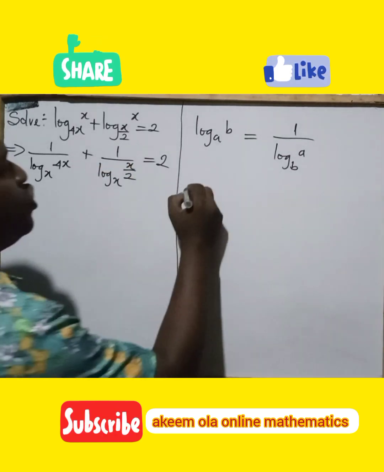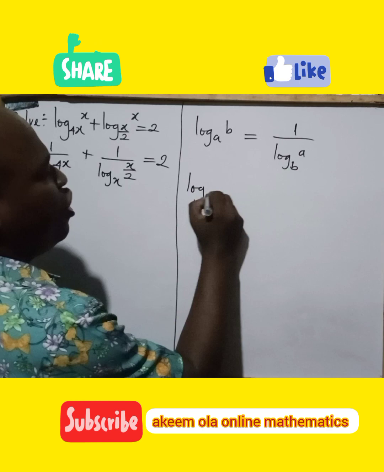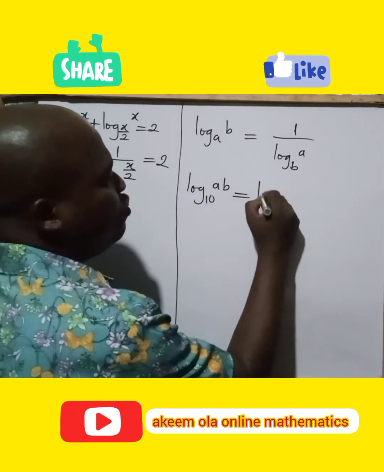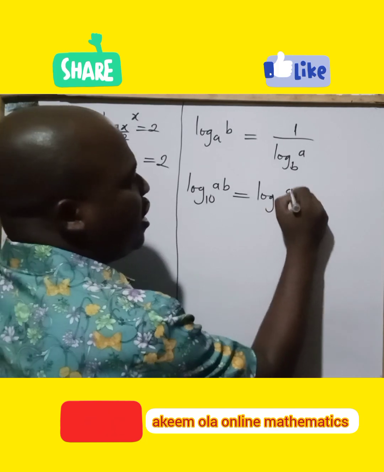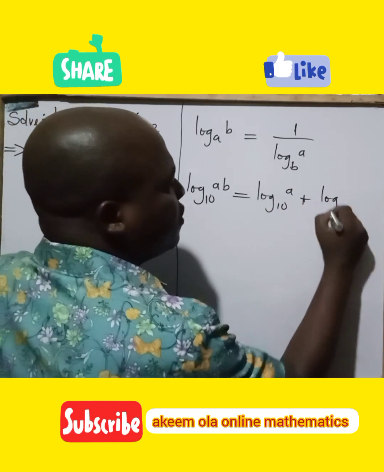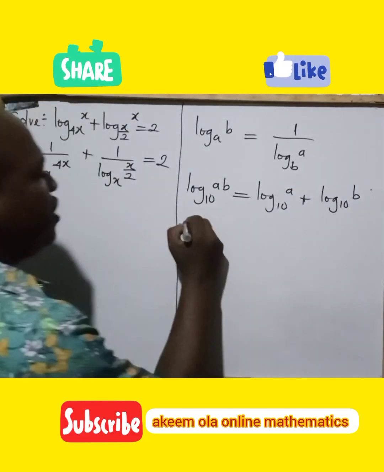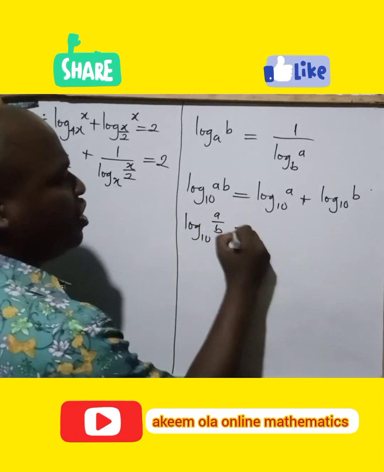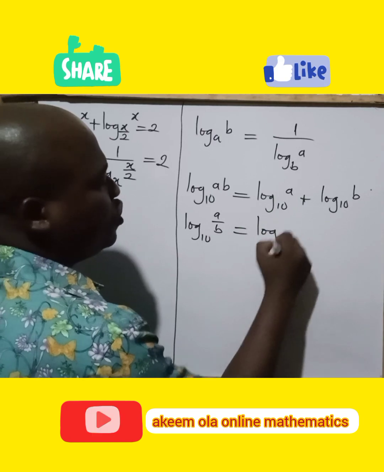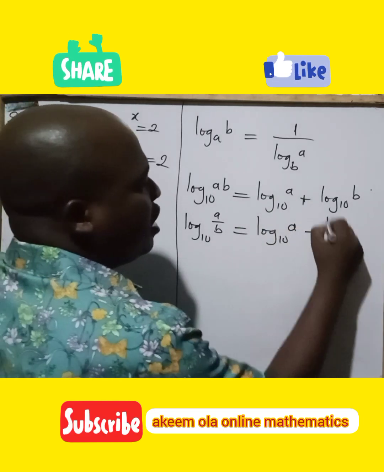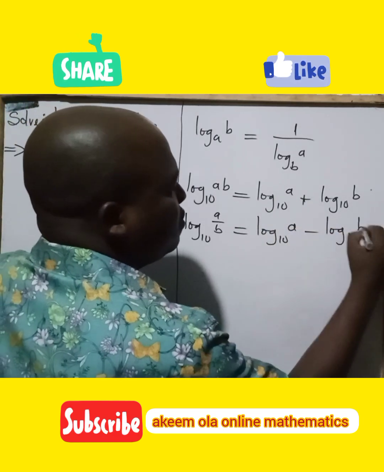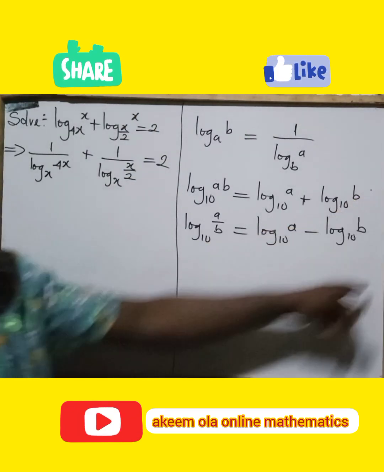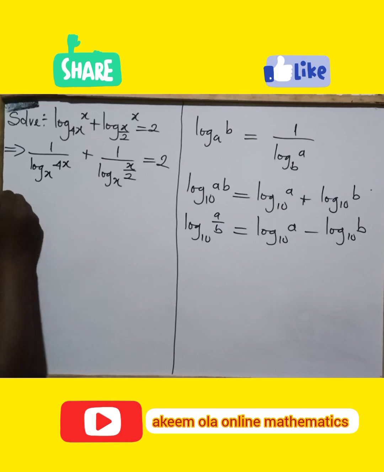If you apply the product law, log base 10 of AB will become log 10 A plus log 10 B. Then log 10 of A over B will be equal to log 10 A minus log 10 B.